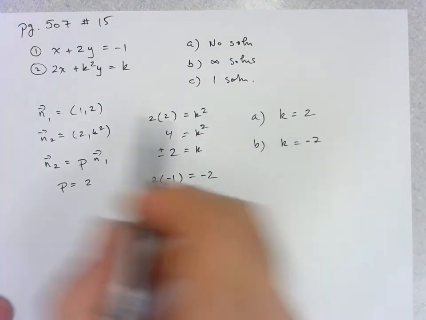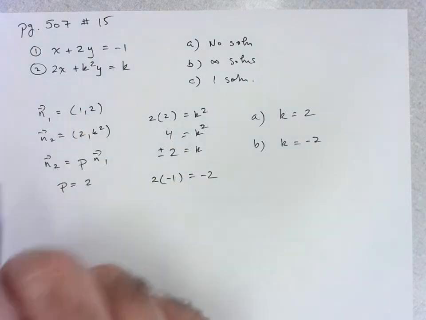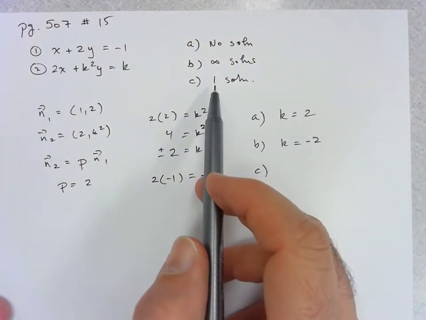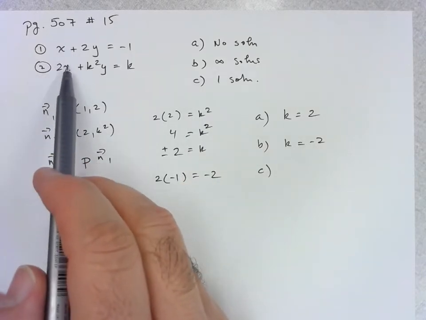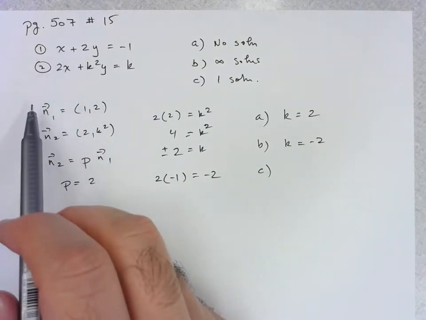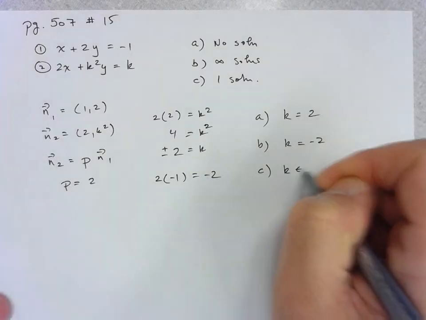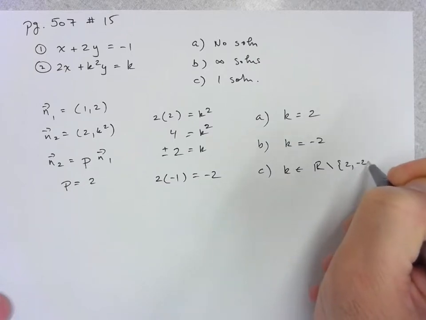Again, that makes it parallel, and the same scalar multiple gives you the other c value. So what's going to give you exactly one solution? Essentially, any scenario where these two lines are not parallel, they're going to have to intersect at one point. So here k can be any real number except 2 and negative 2.